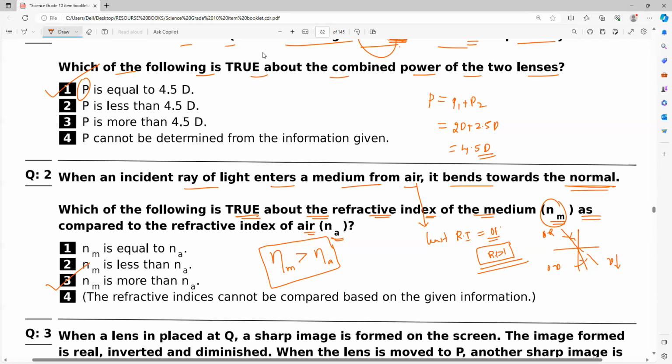So that is why every other medium's refractive index is definitely greater than air. So option C, option 3 is correct. So that is what you have to remember. Always the refractive index of any medium is greater than the refractive index of air. That is what we all know. So please make a note of it.